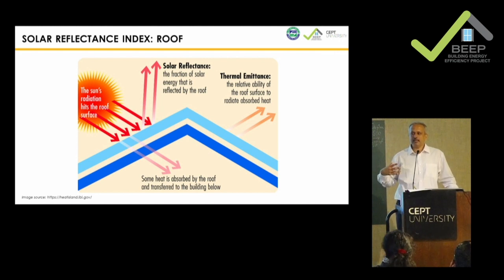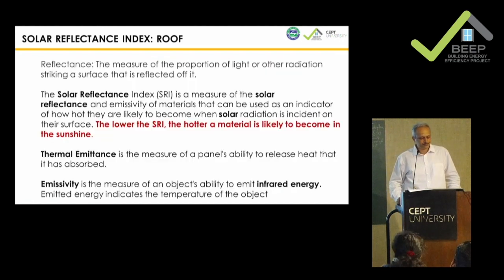So during the daytime, it will keep absorbing through conduction and radiation, but when you don't have a sun, the emissivity of the surface will allow it to put it back into the atmosphere, and that is what we call the thermal emittance part. And these both work simultaneously at the same point in time for the performance of the roof.